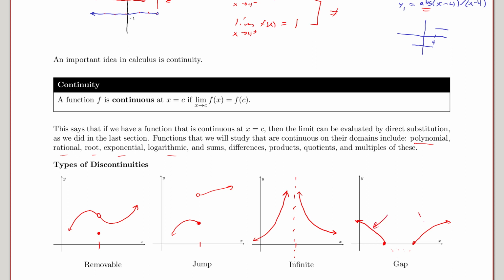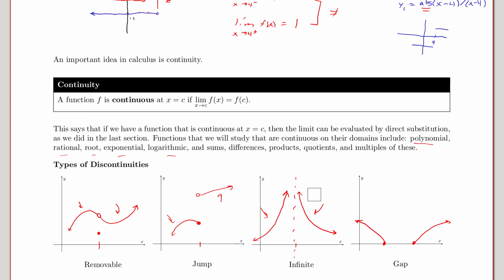This is continuous where it's defined. So is this. So are these pieces. It's just that one location where there's an issue. Here there's lots of issues in between because there's an entire gap in the domain. So those are the four basic types.